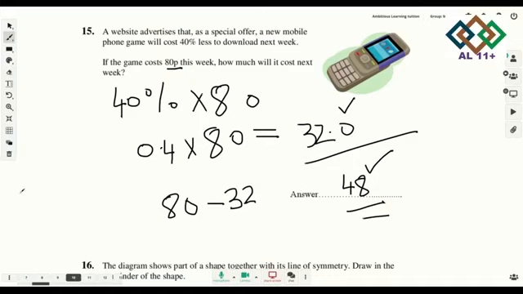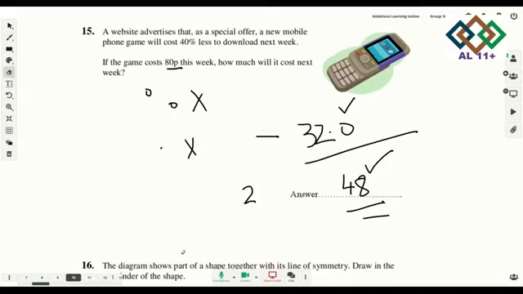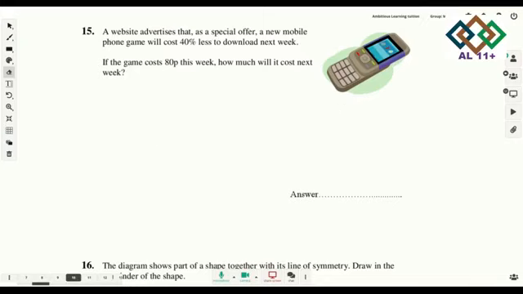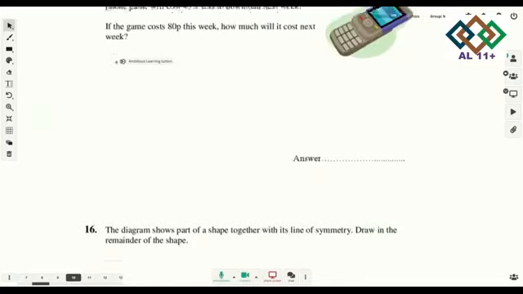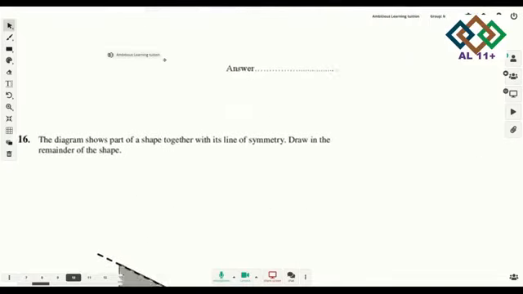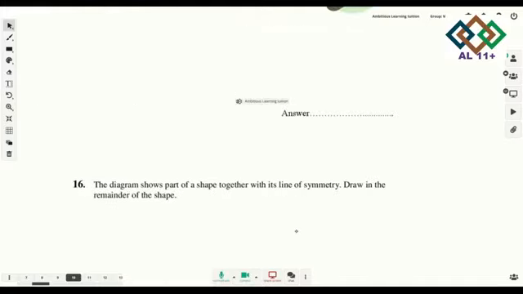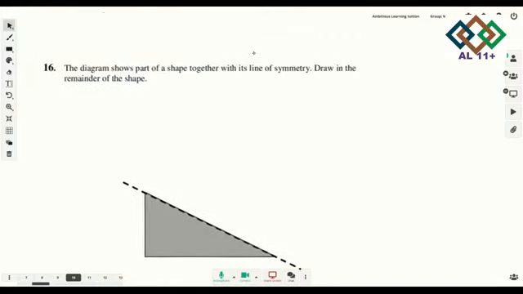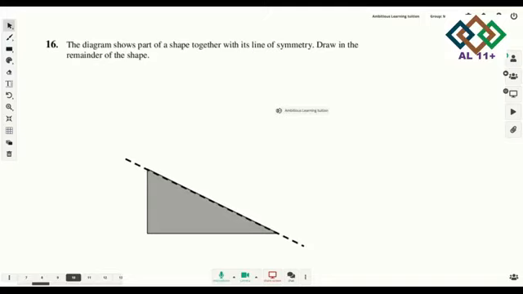To number 16. Number 16 is down only, so let's do it. There's a diagram now. Sorry about that. They are saying the diagram shows part of a shape together with its line of symmetry.